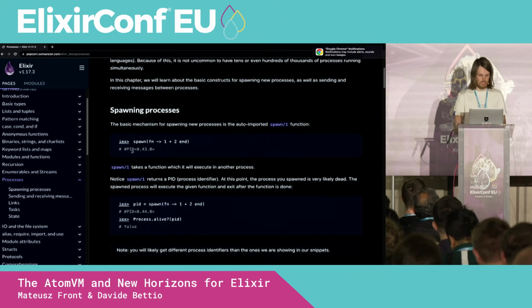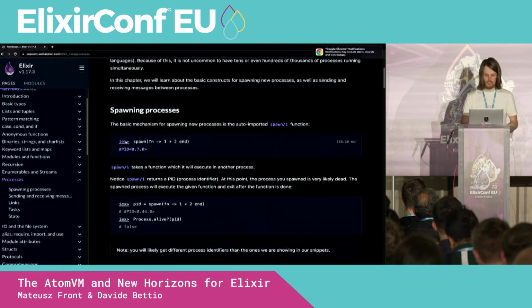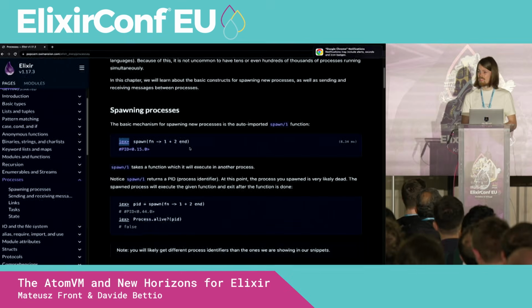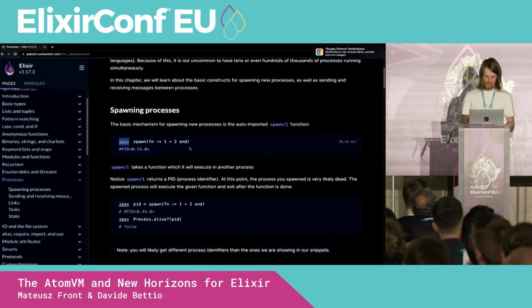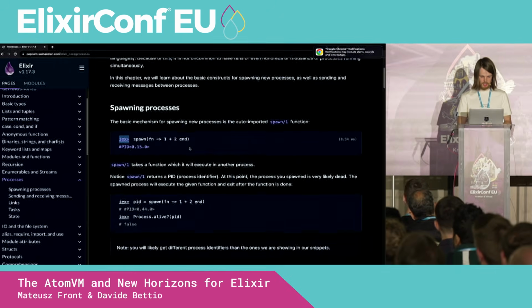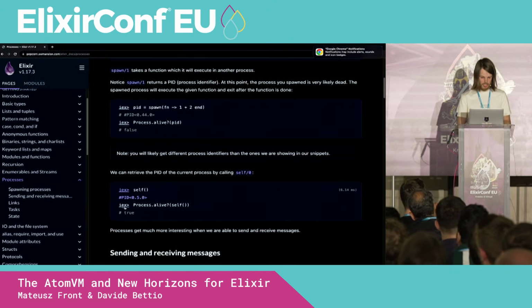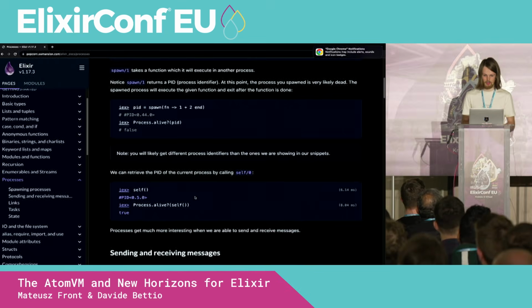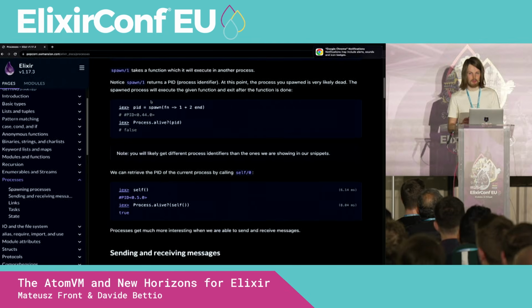That basically means you can click it and run it and spawn some processes. We can check if the process is alive, and it works too. You cannot edit it yet. However, it's a matter of making it editable. Should work too.